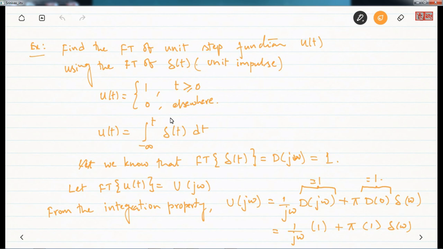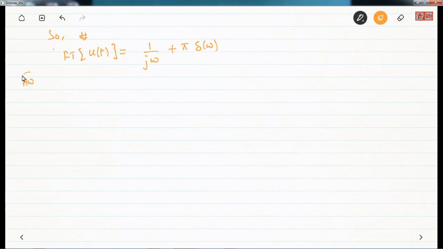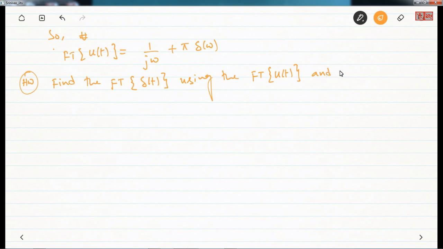And as a homework, you can also do this: find the Fourier transform of delta of t using the Fourier transform of u of t, and the differentiation property.